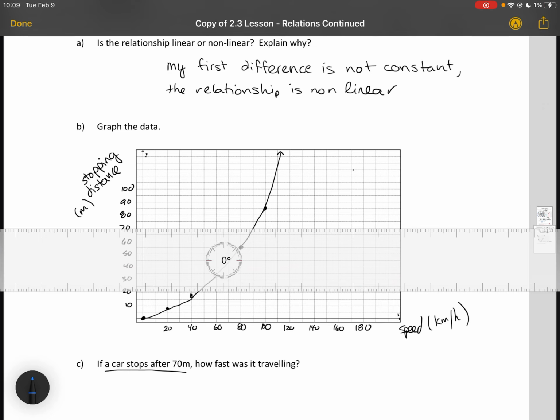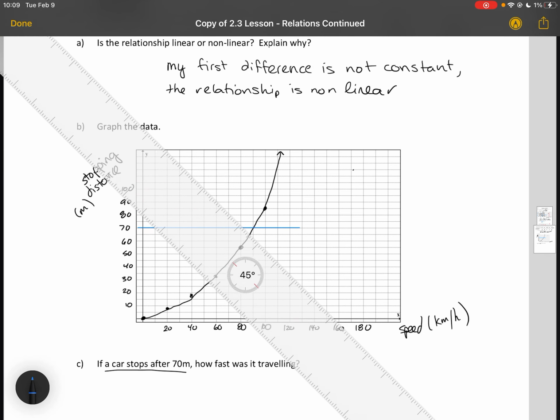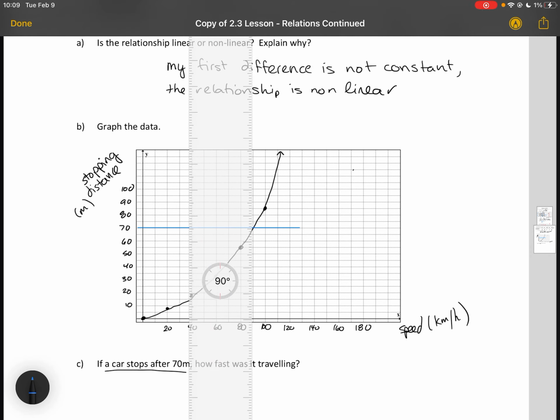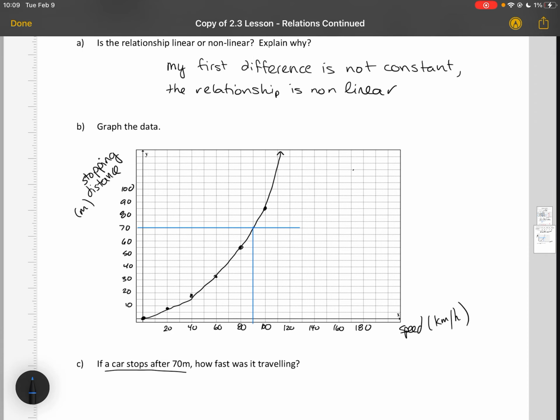So the car stops after 70 meters. So I'm starting on my y-axis. I'm going to go right over and right through my line. I'm going to turn my ruler and then go down to my x-axis. And based on my graph, I would estimate that it was traveling about 90 kilometers per hour.